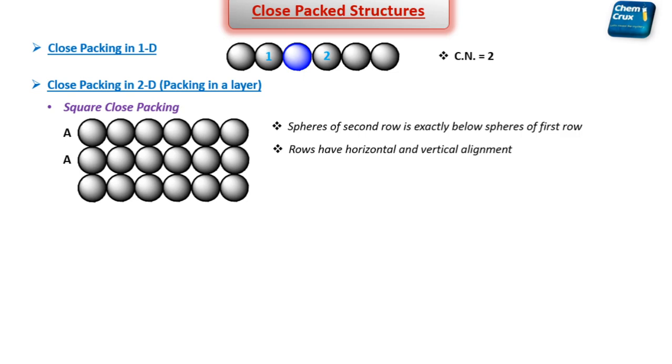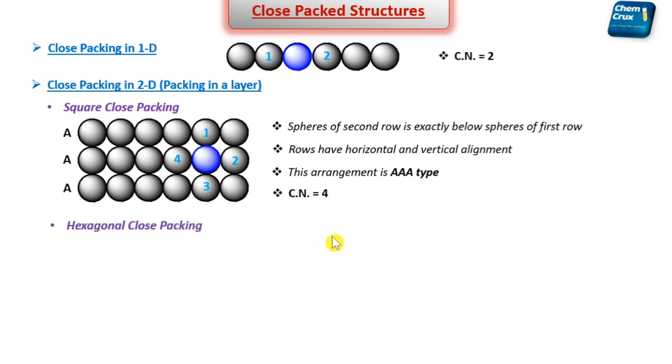So it is also of type A. So we can say square close packing is of AAA type. Now, if we need to find coordination number of suppose this sphere, right? Now this sphere is in contact with 4 spheres. So we can say coordination number for square close packing is 4.